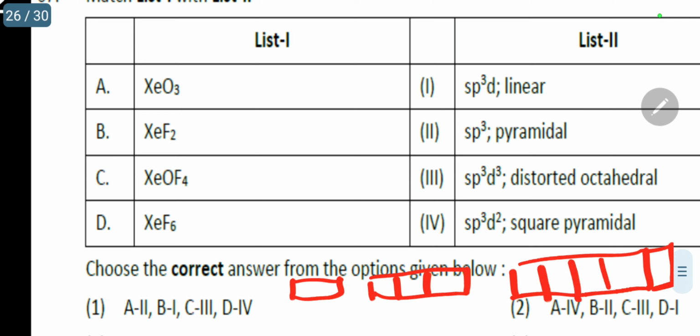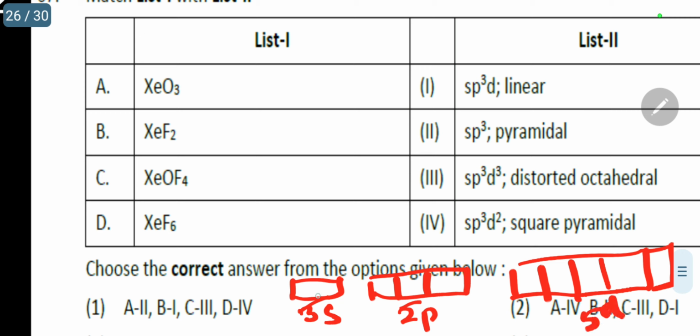So s2 is completely filled, p6 completely filled. What will happen now? In order to form 6 bonds, 5p electrons go to the 5d orbital. 5s, 5p, 5d.